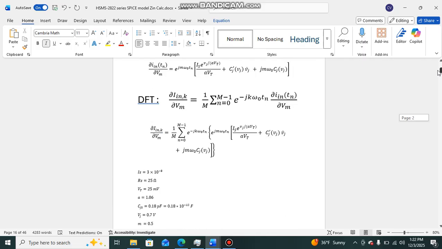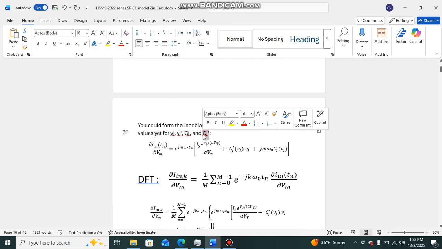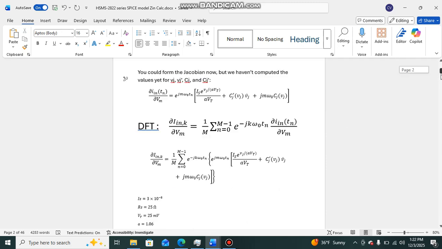We would be computing right here the derivative of the junction capacitance.